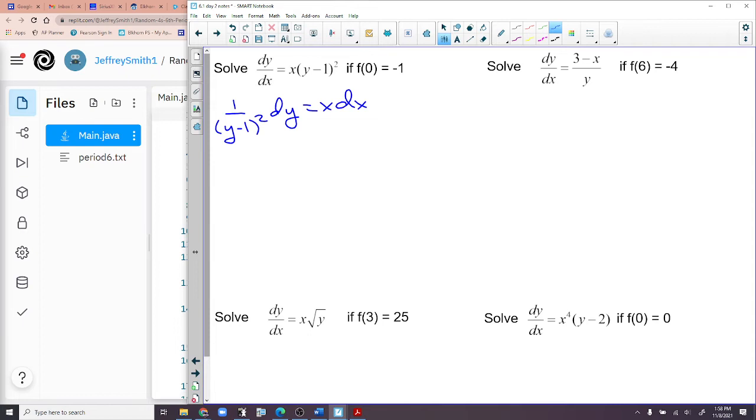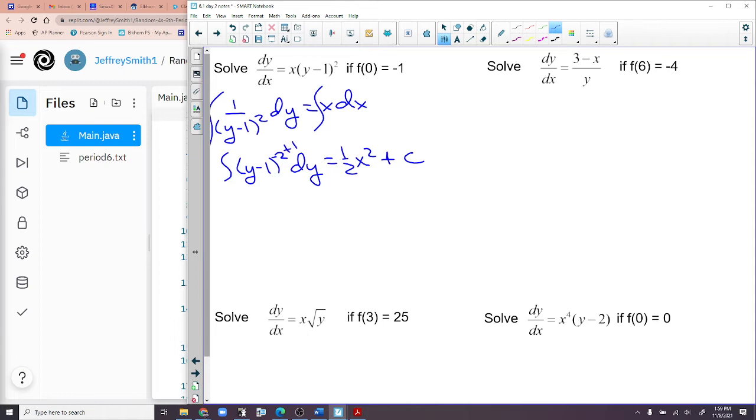Y's with dy's, x's with dx's. Integrate. So the integral of y minus 1 squared dy is equal to 1/2 x squared plus c. Negative 2, right? Because we're bringing it up to the top.